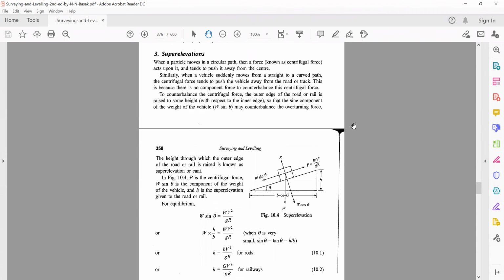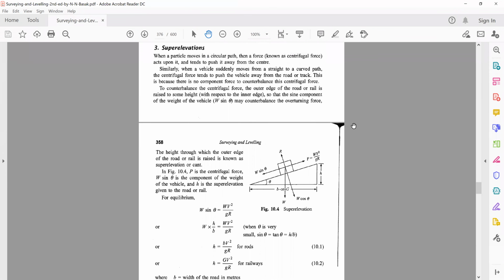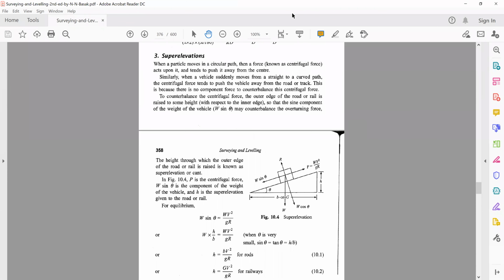So one more concept that we need to study is super elevations. I think you must have studied this sometime before as well. The concept of super elevation comes from circular motion. In a circular motion, there is a force that tends to move the particle away from the center, which is called a centrifugal force.